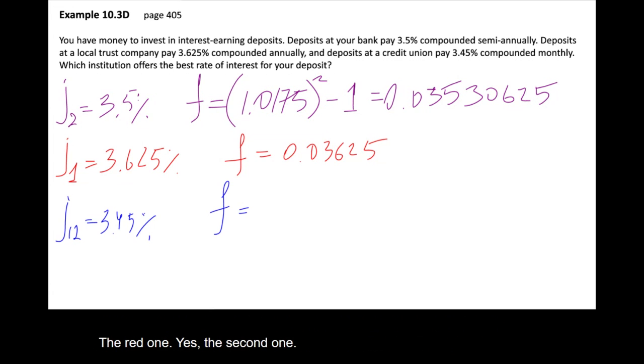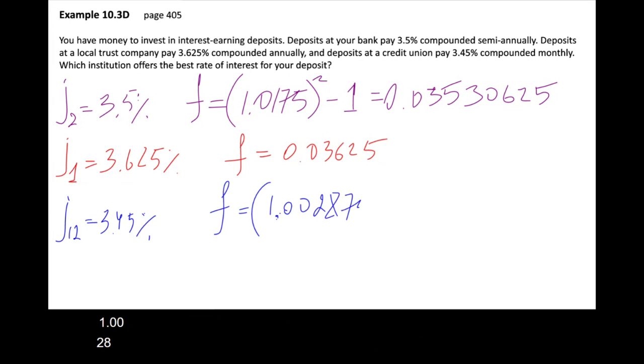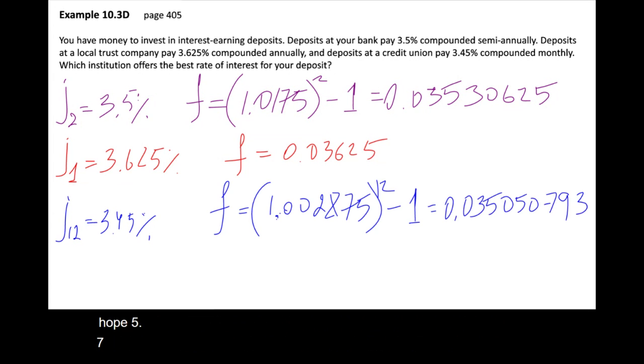So F here, let me find it, 1.002875 exponent 12 minus 1. 0.035050793.